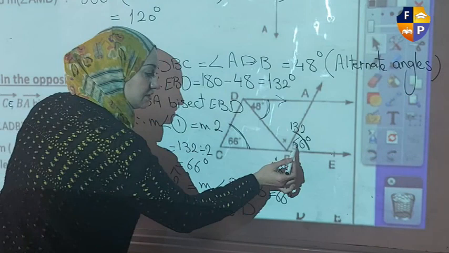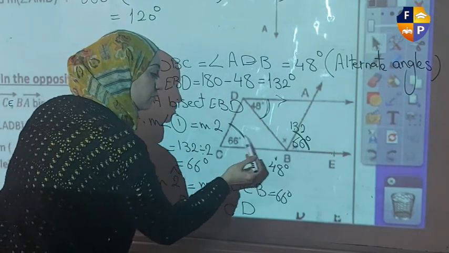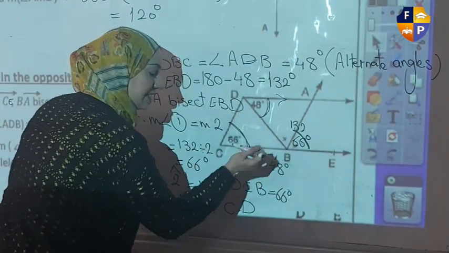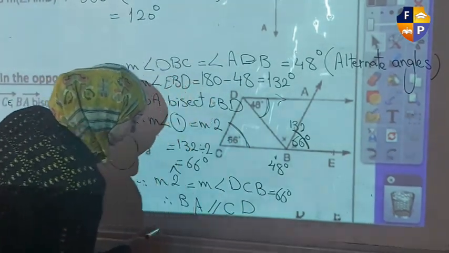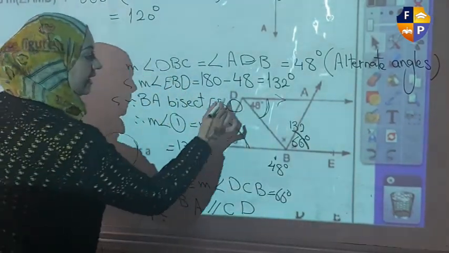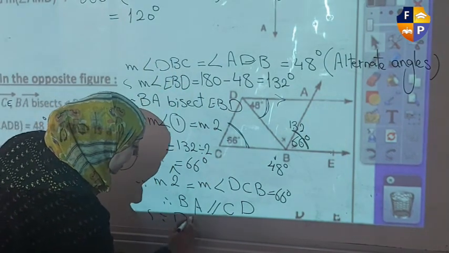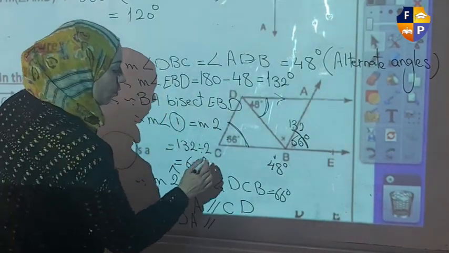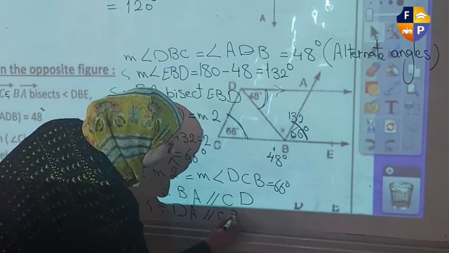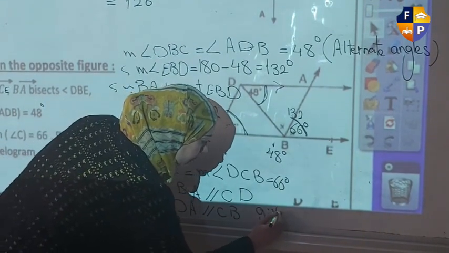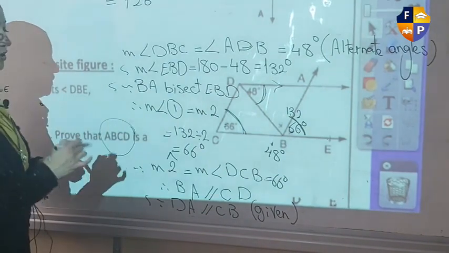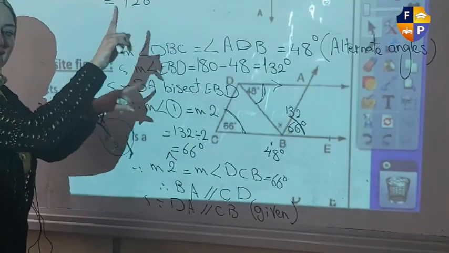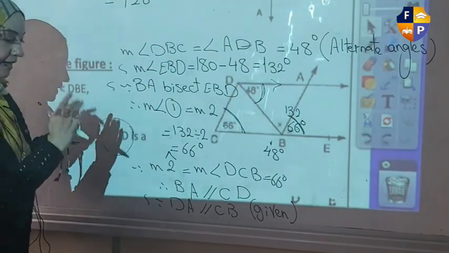Why? Because this angle corresponds with this angle, corresponding in and out. And since DA is parallel with CB, it's a given, the figure is a parallelogram because each two opposite sides are parallel.